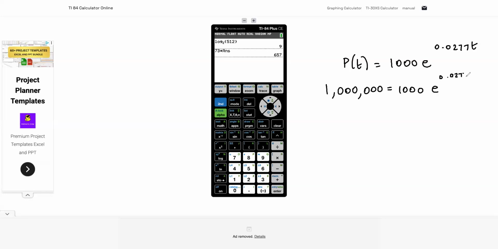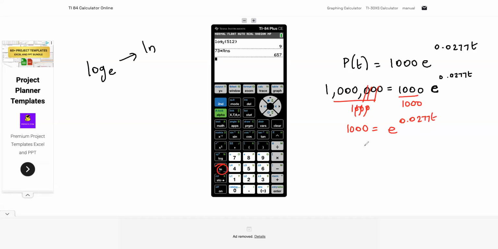It's not tricky, okay? If you think about it, it's not tricky, but you need to use e. Log base e can be referred to as ln in the calculator. This is the button. Do you see? Log base e is ln. So what I would do, I would divide by 1000. So 1000 will be equal to e power of 0.0277t.